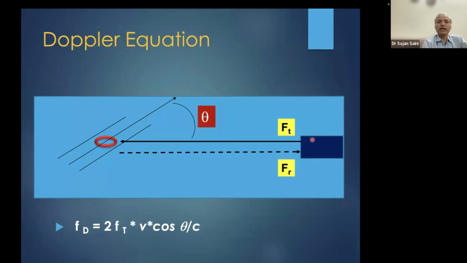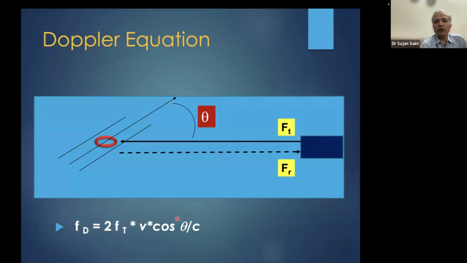If anything is moving perpendicular to the line of the ultrasound beam, the Doppler shift will not be calculated, and the machine will understand that there is no flow across the particular anatomical area. In fact, the flow is there, but the machine will not be able to detect that flow. It is because of this particular principle.